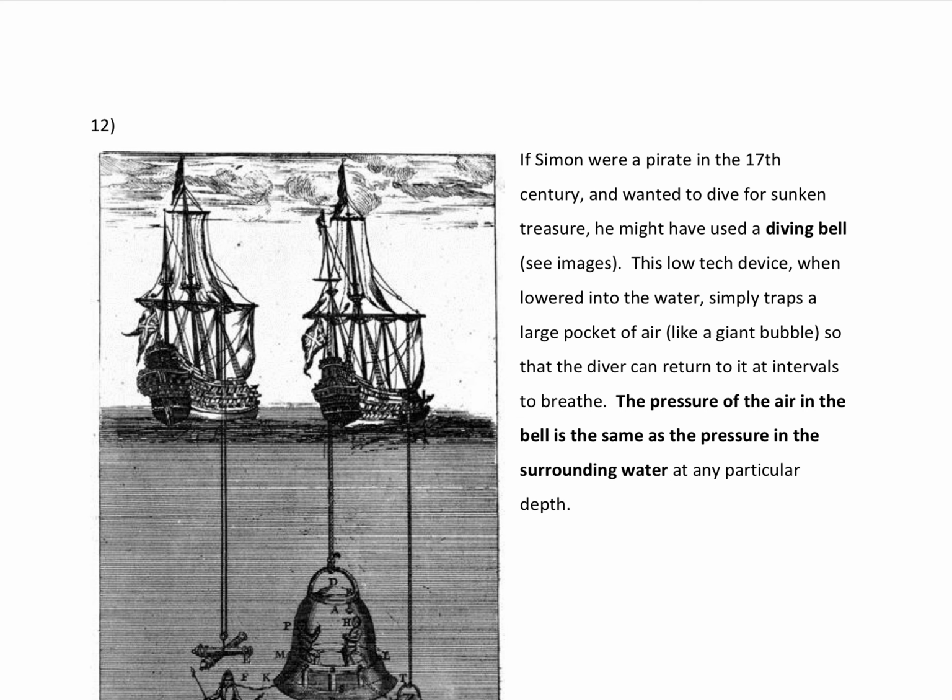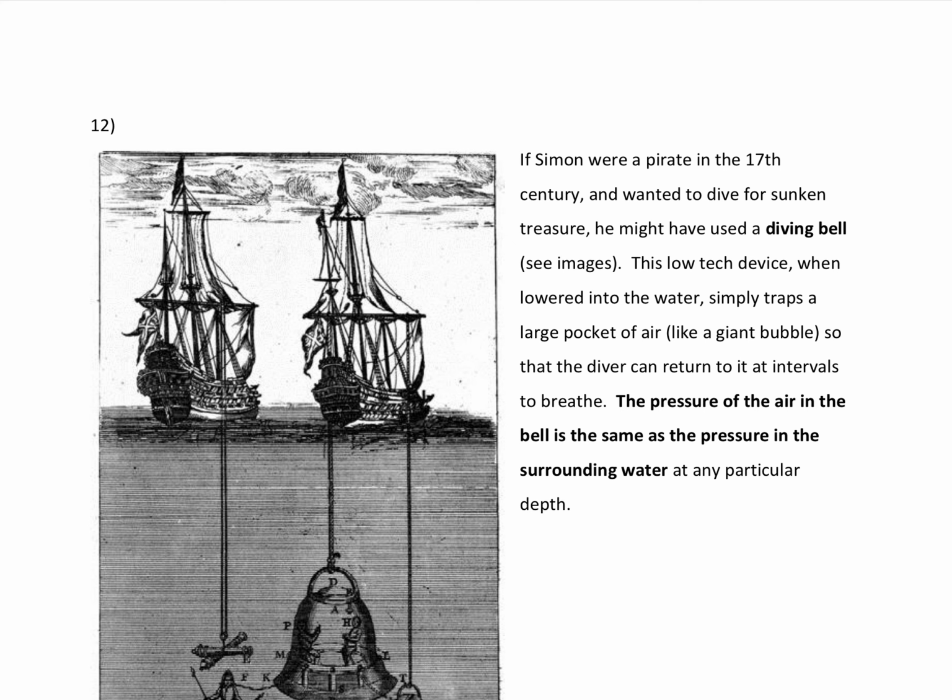So now we're on to question 12. In question 12, we're talking about Simon being a pirate in the 17th century, wanting to dive for sunken treasure, and introducing the idea of a diving bell. It's a low-tech device which simply traps a large pocket of air, so there'll be an air bubble in this region here, so that the diver can return to it at intervals in order to breathe.